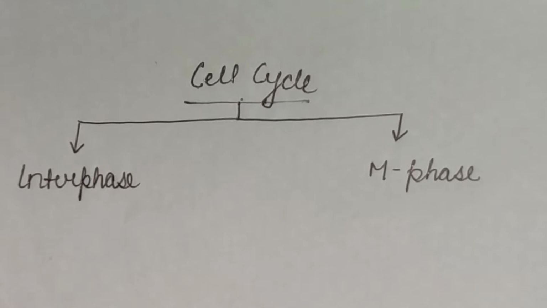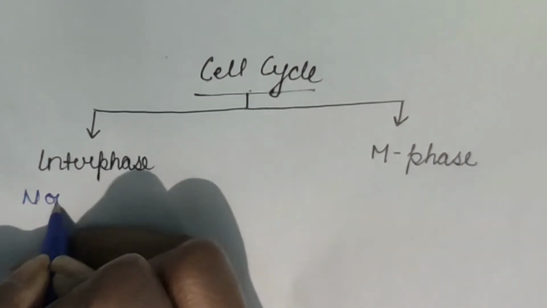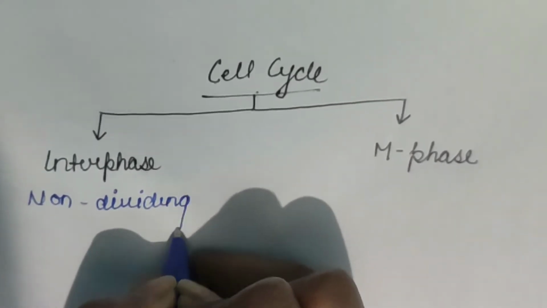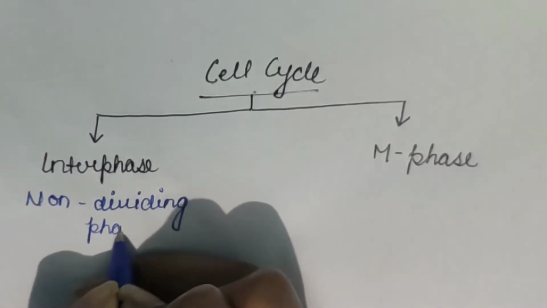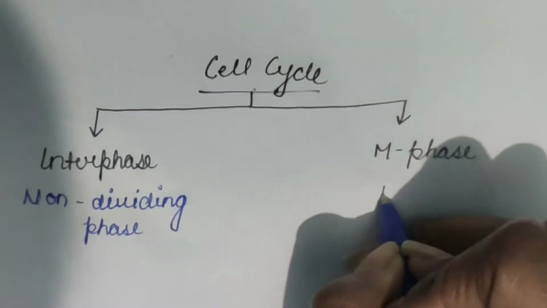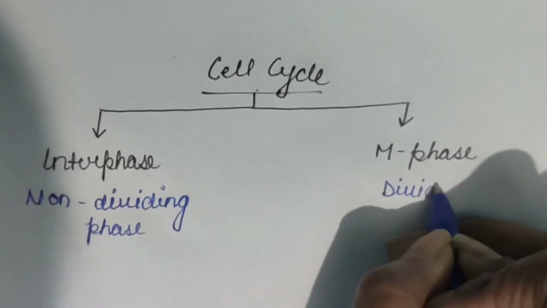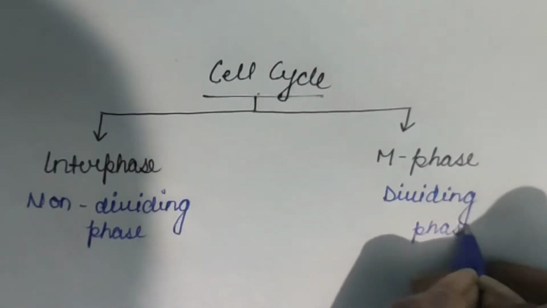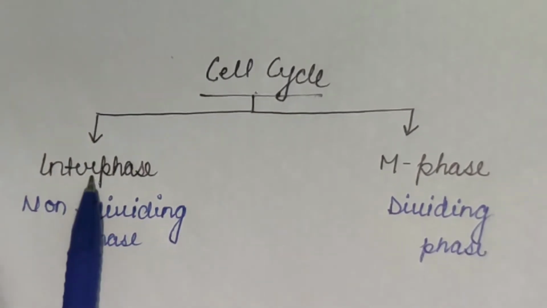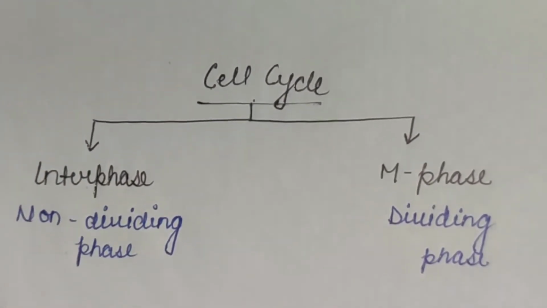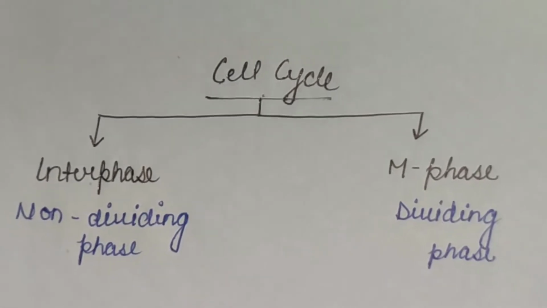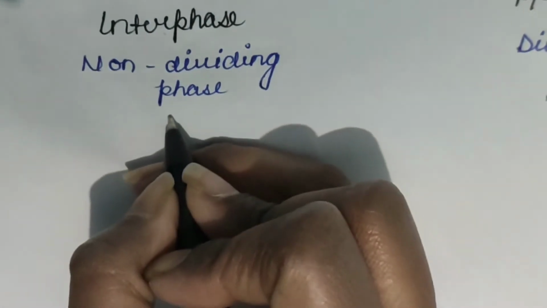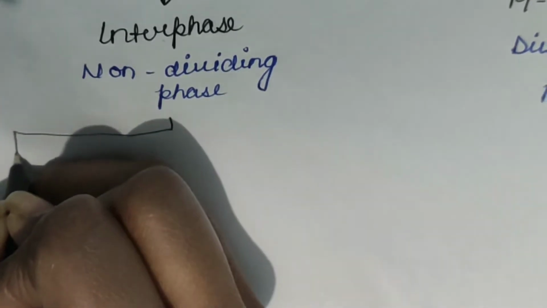Interphase is also called the non-dividing phase because in this phase the cell is not going to be divided, but it prepares for cell division, whereas the M phase is called the dividing phase because the cell is going to be divided into two or more daughter cells. Interphase is further divided into three main phases.